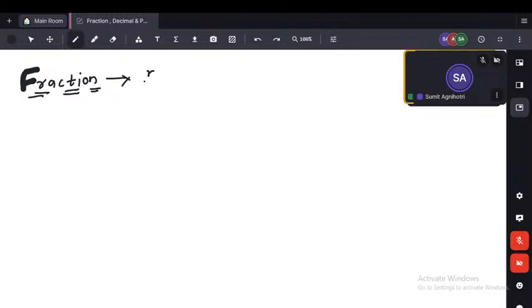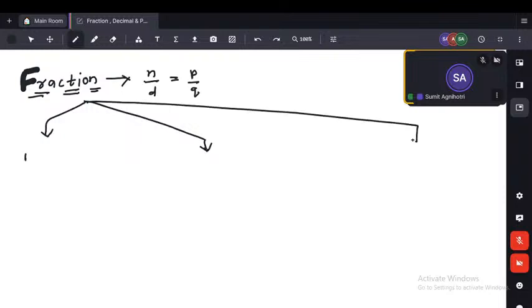Here we take a numerator and we take a denominator, or we represent it in the form of P over Q, and the fraction is the part of whole, and this fraction can be of three types.